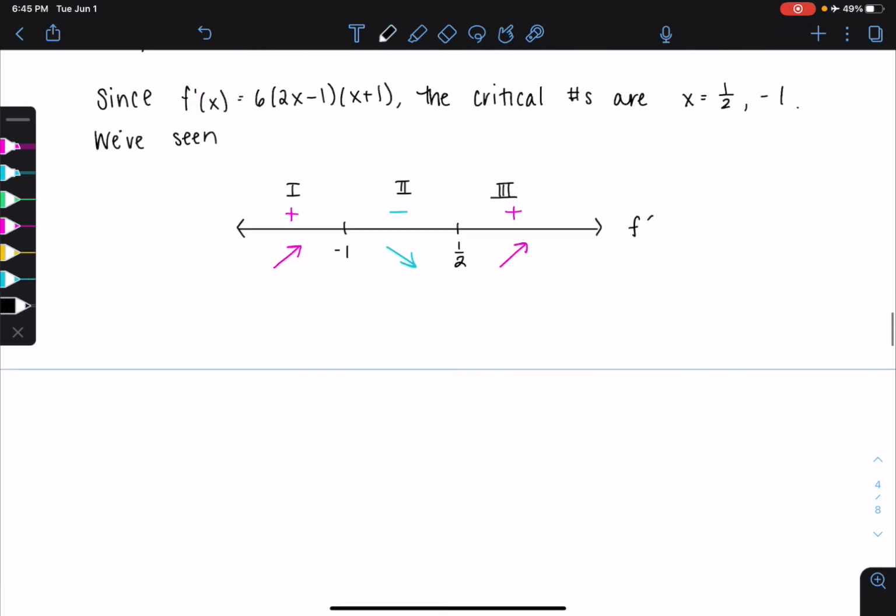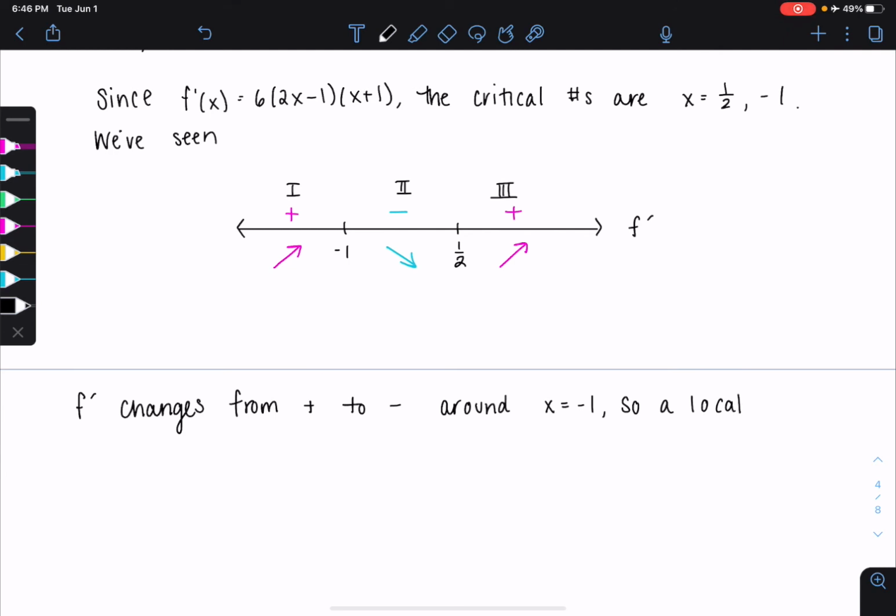So ultimately, around -1, we switch from positive to negative. So f prime changes from positive to negative around x equals -1. So a local max occurs here.